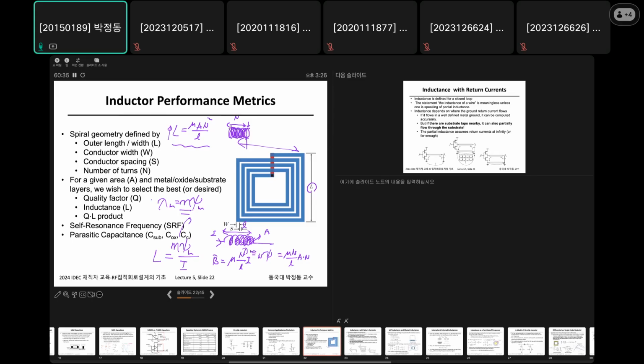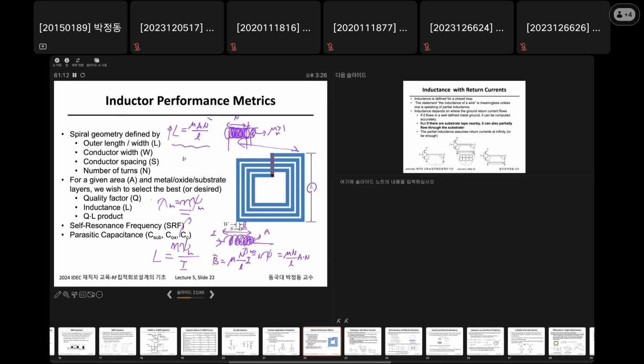Also, we have to use a core metal with a high mu, right? High permeability, right? That's how we make a high inductor in discrete form, right? But there are so many problems in implementing high inductance on-chip, right?